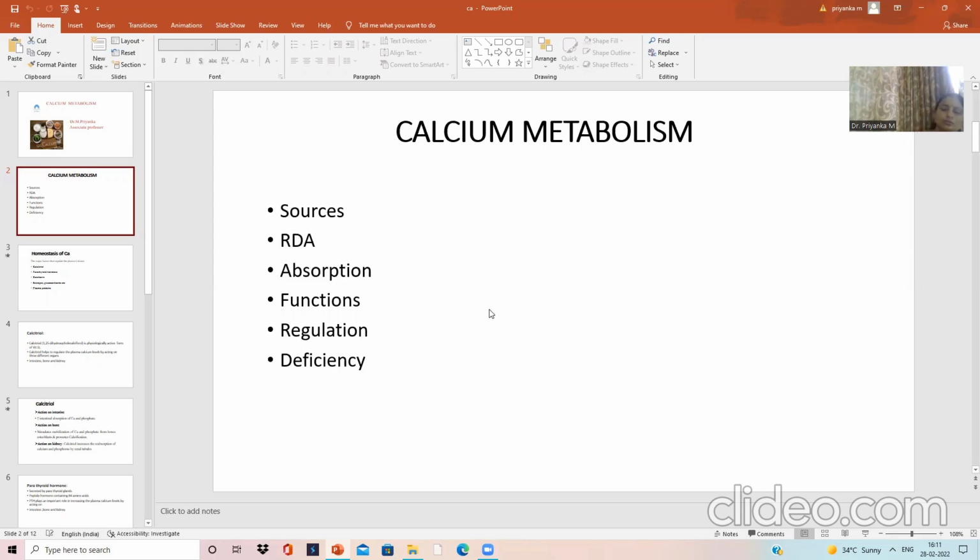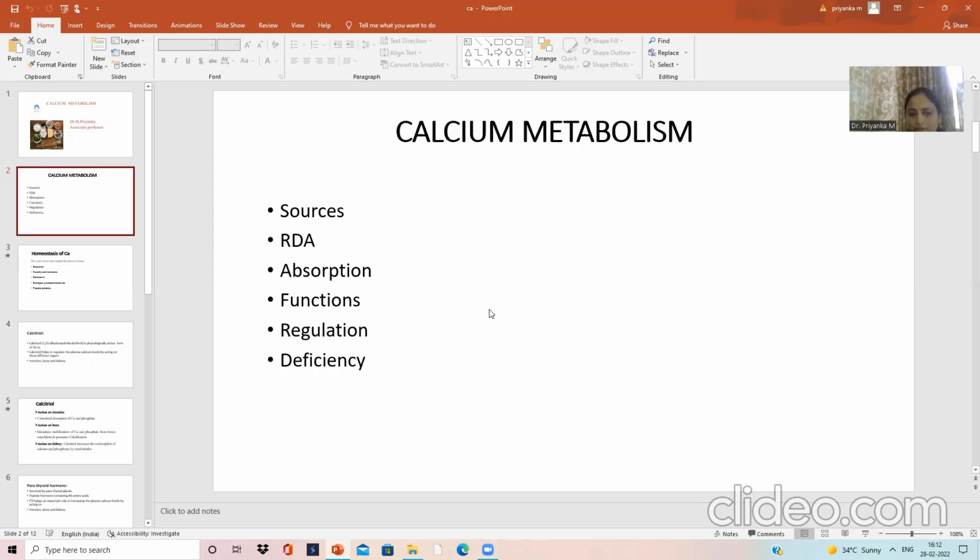So why should we regulate calcium? What is the role of calcium in maintaining homeostasis? Whenever there is an increase or a decrease in the body's calcium, the calcium level needs to be regulated.